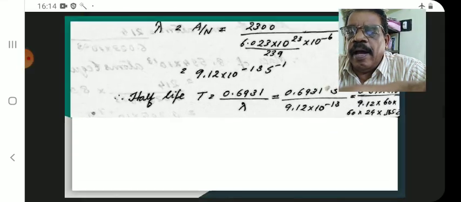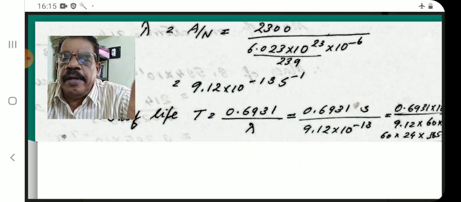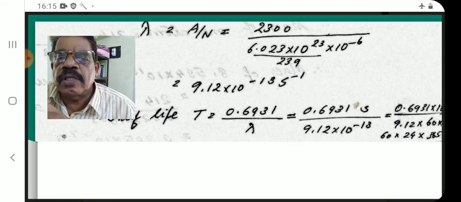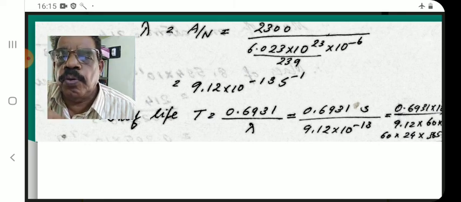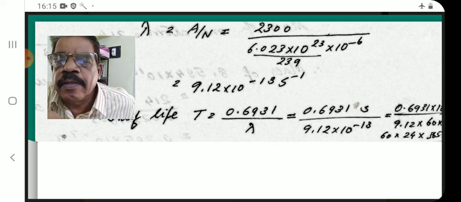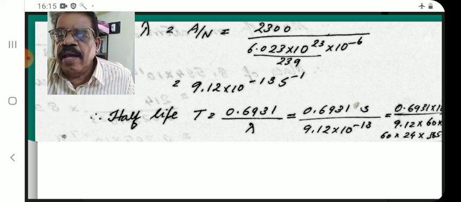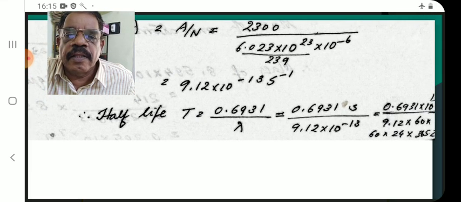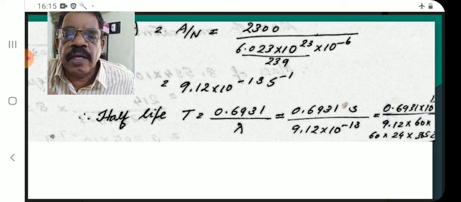Therefore, lambda is activity by n, A by n, that is 2300 by 6.023 into 10 raised to 23 into 10 raised to minus 6 by 239, equal to 9.12. The 239 goes to the top, and then on dividing we get 9.12 into 10 raised to minus 13 second raised to minus 1. Therefore, half-life T is 0.6931 by lambda, equal to 0.6931 by 9.12 into 10 raised to minus 13 second.